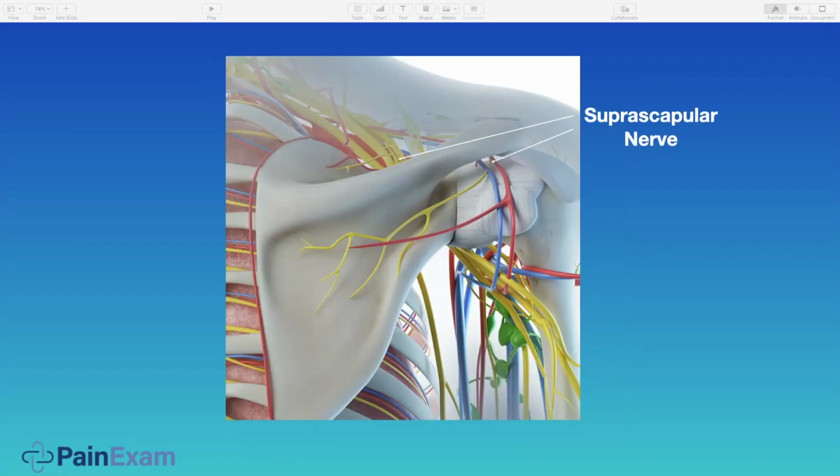The suprascapular nerve leaves the brachial plexus in the supraclavicular fossa, and it will run over the notch of the scapula, which is the traditional way of blocking this nerve, but I do not do it this way. I actually get the nerve more distal as it descends under the supraspinatus muscle and innervates that muscle, wraps around to innervate the infraspinatus muscle, and sends some branches to the shoulder joint.